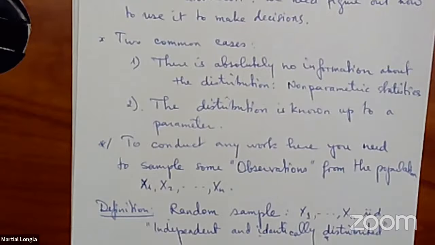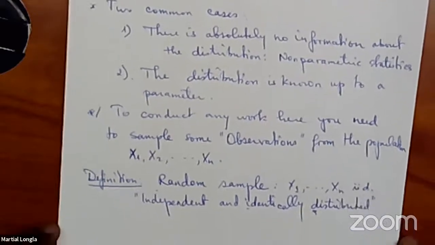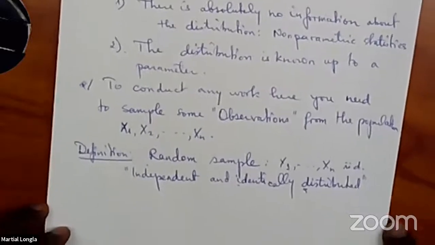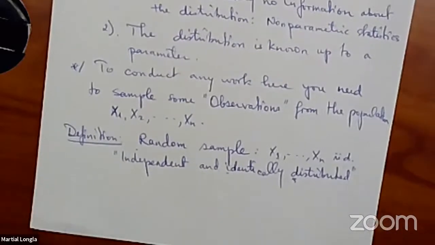So we say you have a random sample if you have observations that are independent and identically distributed. Notice that I'm no longer saying random variables, right? I'm saying observations. Though they are random variables, it's things that I go out here and measure.